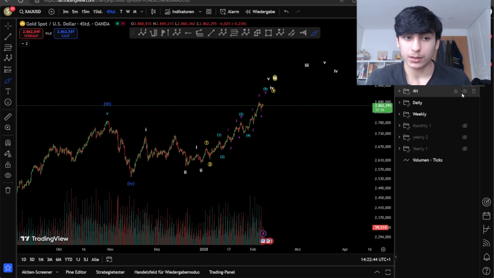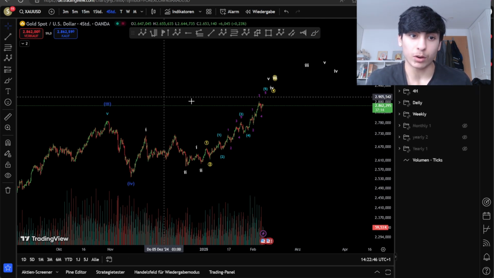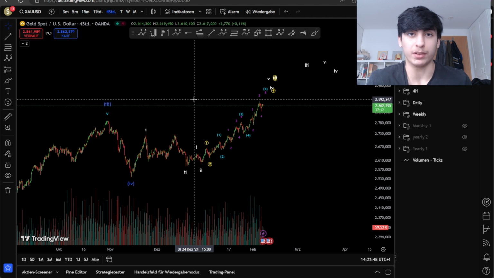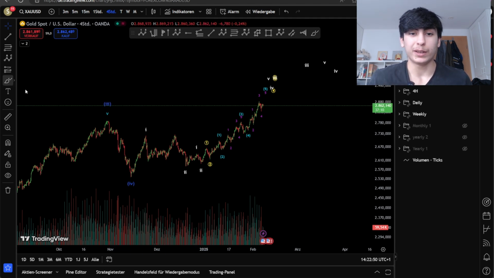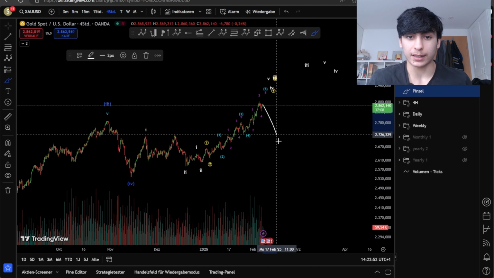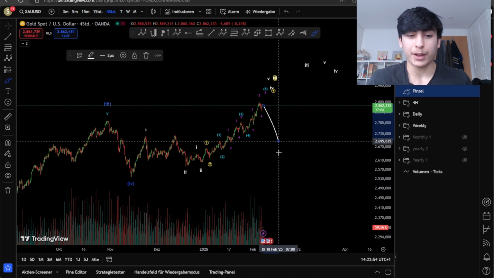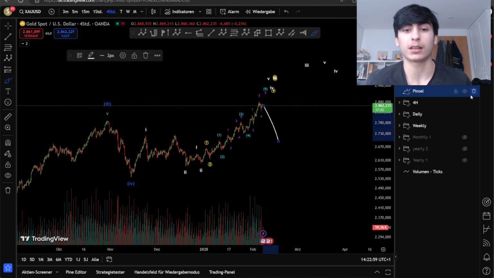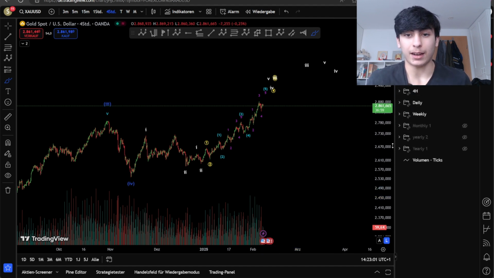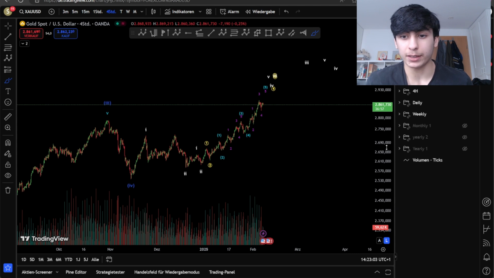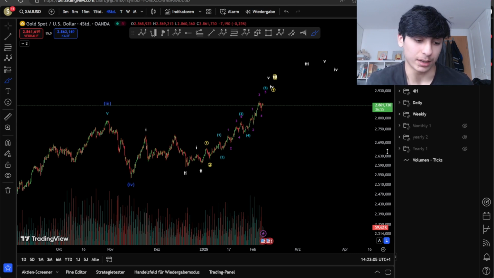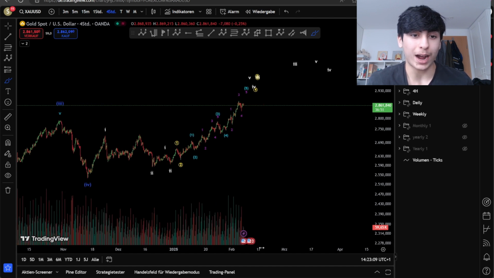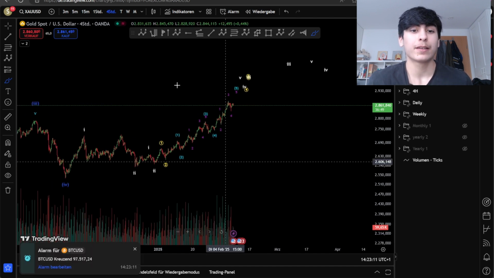I'm not going over it because it is not relevant at the moment. We don't have a big drop to the downside, so we are nowhere near the target box of the flat. So there's no reason to think about it at the moment. But it's nice to think about it because it is still a scenario, but simply not that probable at the moment. So I will only cover these scenarios right now.